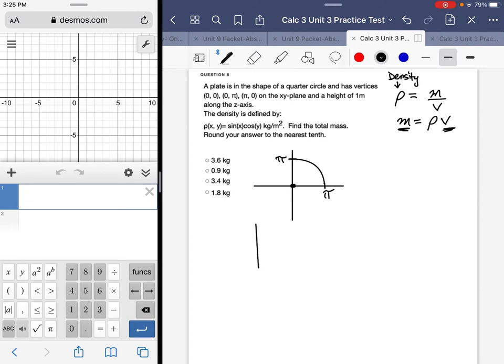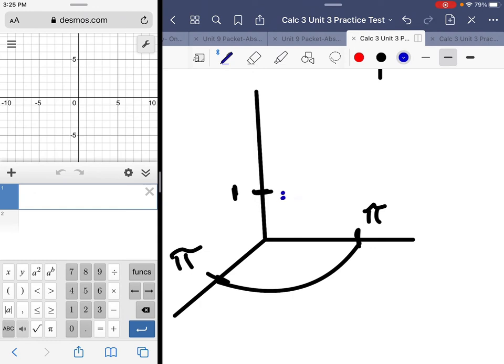So if we go into the 3-dimensional coordinate system, if we're looking at the xy plane, here's pi, pi, and we'll call this 1. We have our quarter circle, and we have our height of 1, if I can make that stick.